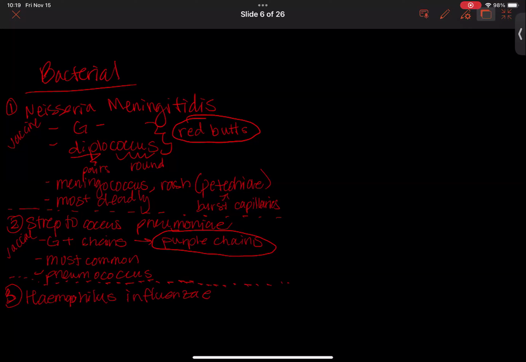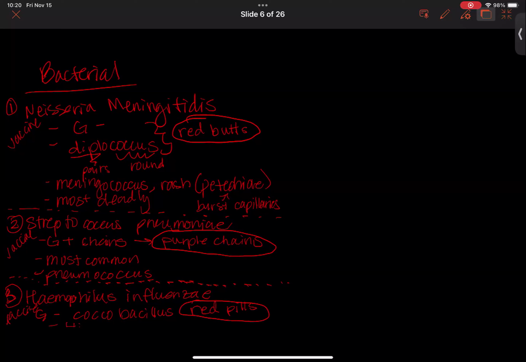So Haemophilus influenzae, this guy's going to be a gram negative coccobacillus. And these guys are going to be red pills, essentially. Red, squatty little pills in their gram stain. We do have a vaccine for this one as well. We also call this the Hib.